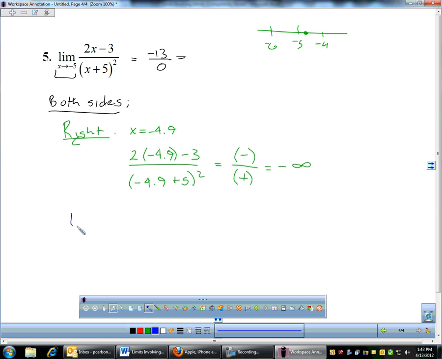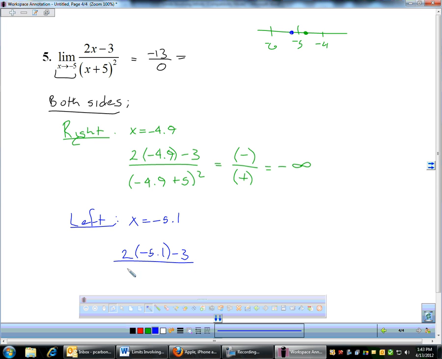Now I'm going to look at the left side. Look at the left. Something on the left side of negative 5 would be something like negative 5.1. I'll plug that in. So 2 times negative 5.1 minus 3 over negative 5.1 plus 5, all squared. See my top, 2 times a negative is a negative number, minus 3 is still negative.